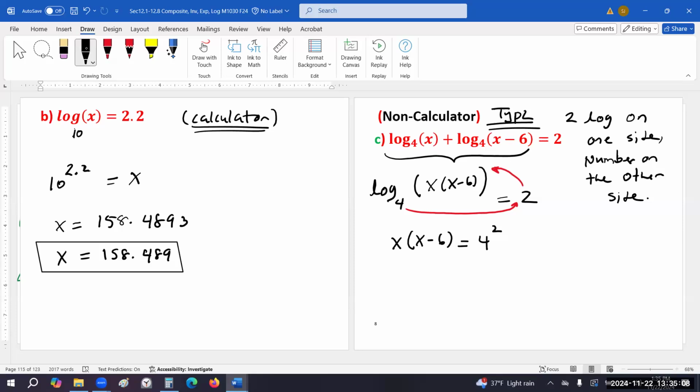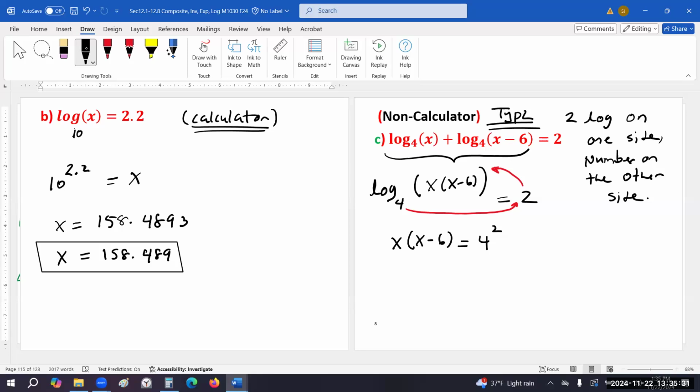I put the square on the other side so that I can bring it to the right side. All this time I did 4 squared equals this, but now I want to do the other way around. I put my 4 squared on the other side.